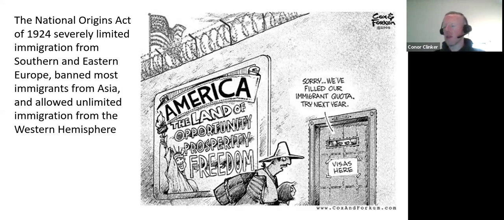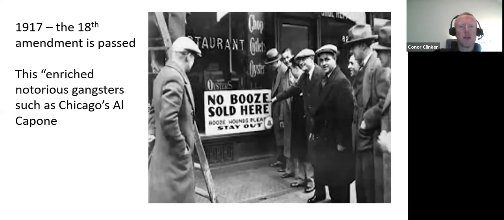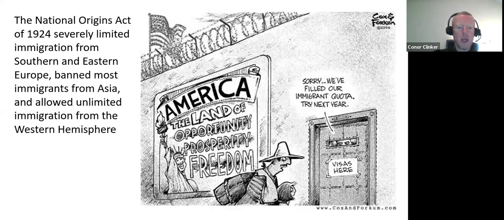Ultimately, I don't think we'll cover this specifically, but real quick, if you're wondering, wait a minute, alcohol is illegal? Obviously, it's not now, right? That amendment was overturned in 1933, so it was in effect for about 16 years. There are two unique things about the amendment that you might find interesting.